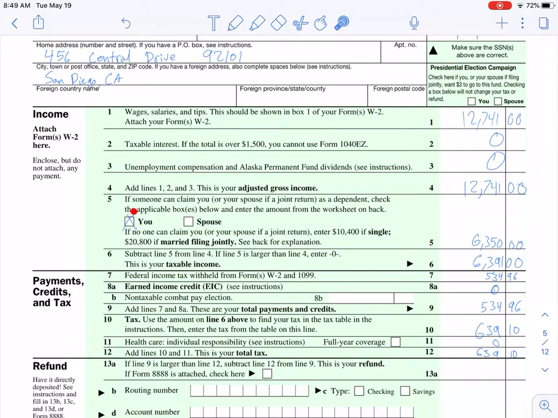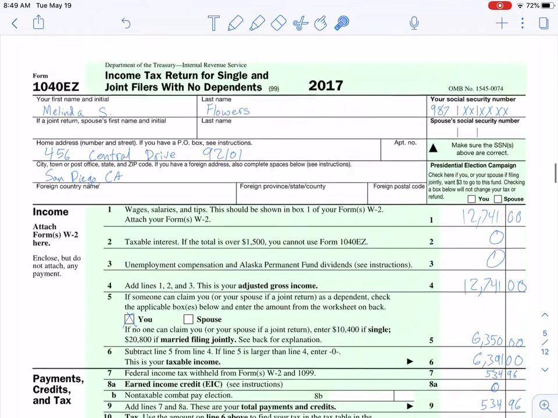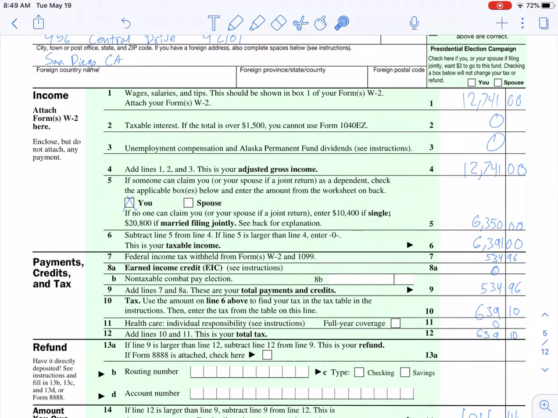Okay, so if someone can claim you as a dependent, check the applicable boxes below. So we'll talk about what this looks like in just a minute. She's 18, but she does live at home. So I'm assuming her parents would claim her as a dependent.